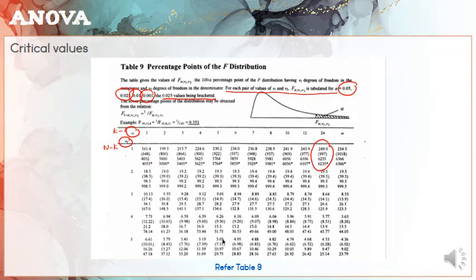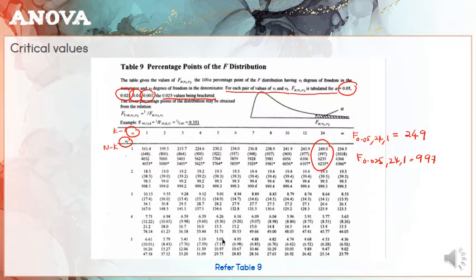So, F, for 0.05 degree of freedom 24, 1 is equivalent to 249. The one in the bracket is for 0.025, 24, 1, 997.